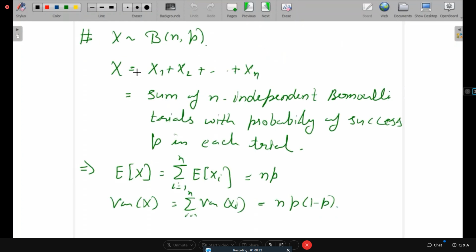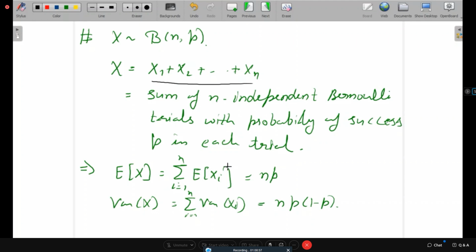Now, this is what I'm stating here. x follows a binomial, which means x equals x1 plus x2 and so on plus xn, the sum of n independent Bernoulli trials with probability of success p in each trial. Now see how simple it is. Expectation of x is nothing but the summation of i equals 1 to n of expectation of xi.